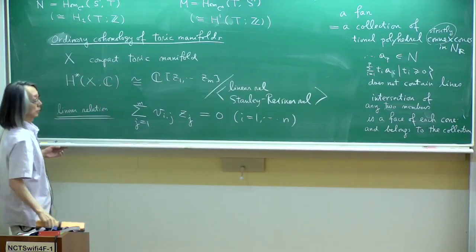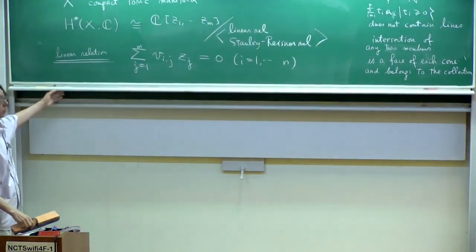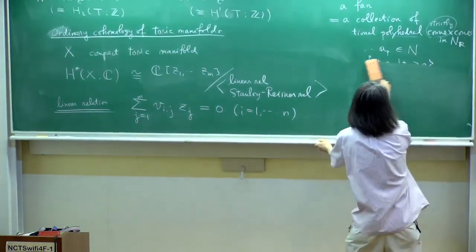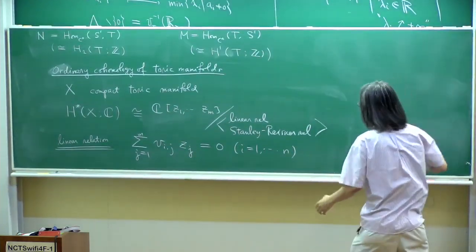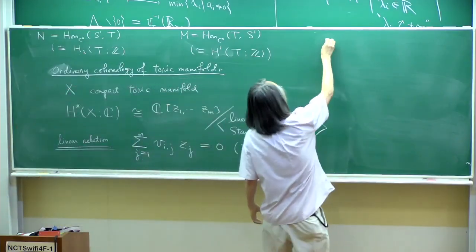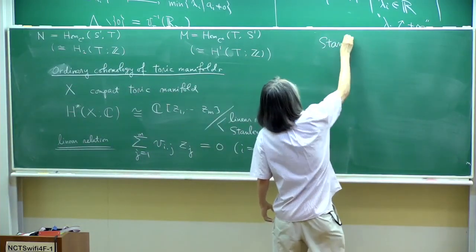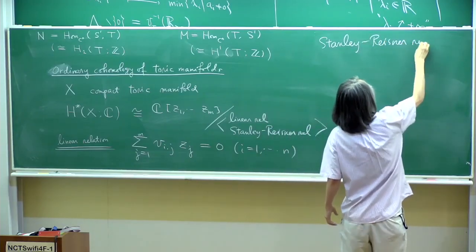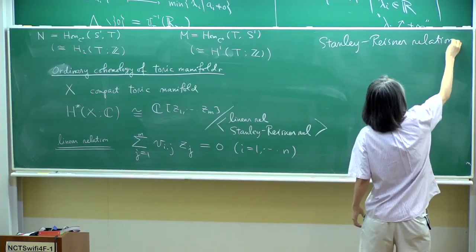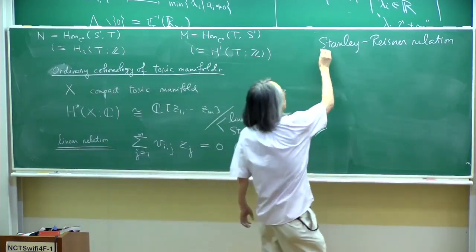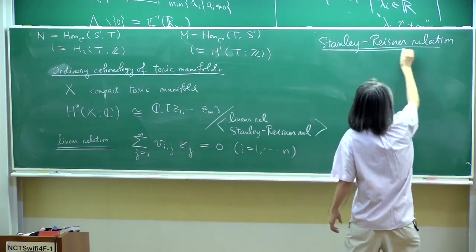So this is the linear relation, and then the Stanley-Reisner relation is given in the following way.